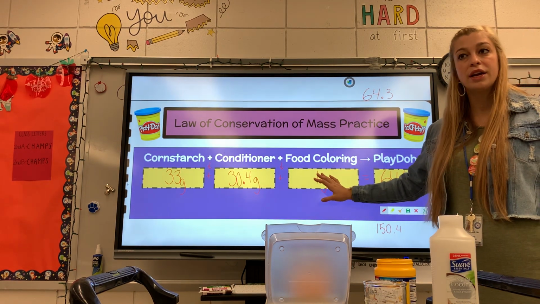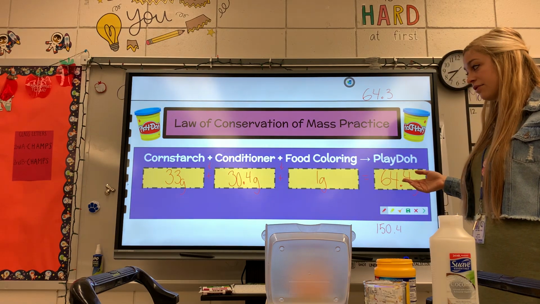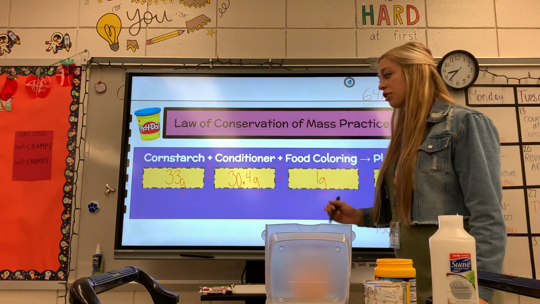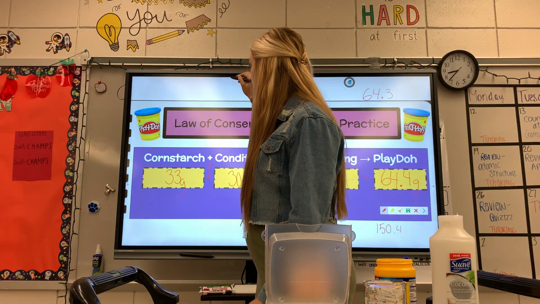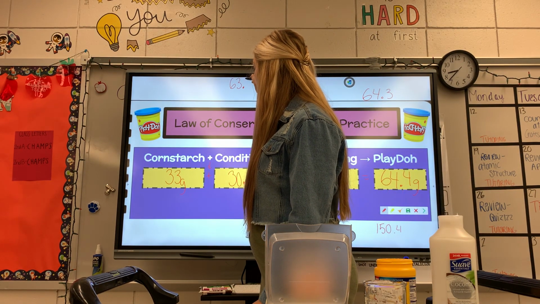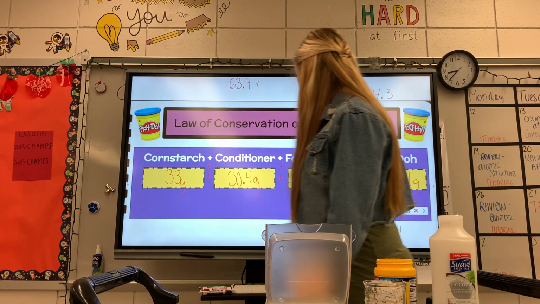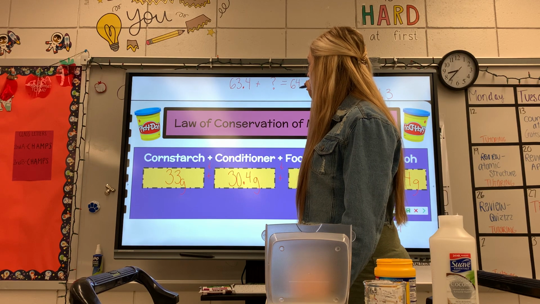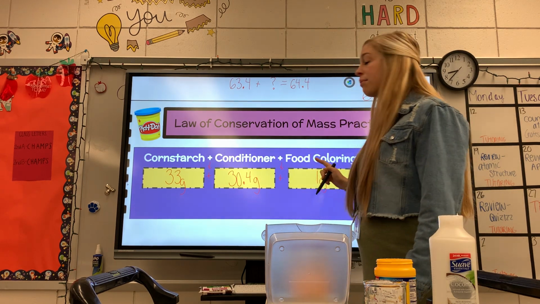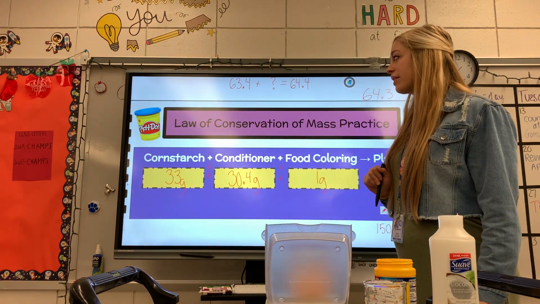So what would go here to give us 64.4? Let me make sure y'all get what I'm saying. We could add these two to get 63.4 plus, I'm going to put a question mark, equals 64.4. If we were missing a reactant, how could we solve that?